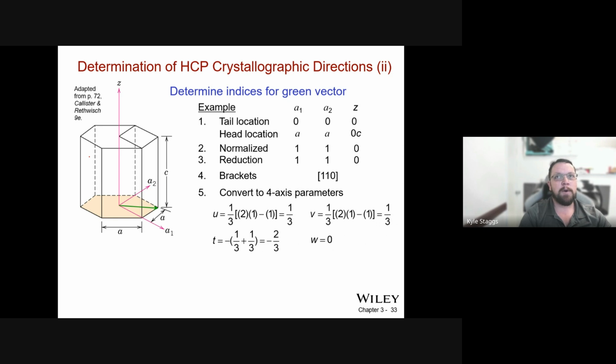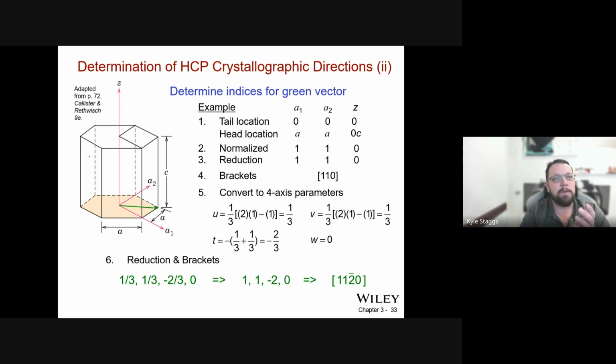Converting to 4-axis parameters, we take that and plug it into the formulas. So we calculate U to be 1/3, we calculate V to be 1/3, we calculate T to be -2/3, and W to be 0. Again, in this case, we're not making use of that last direction. So this gives us our conversion back.